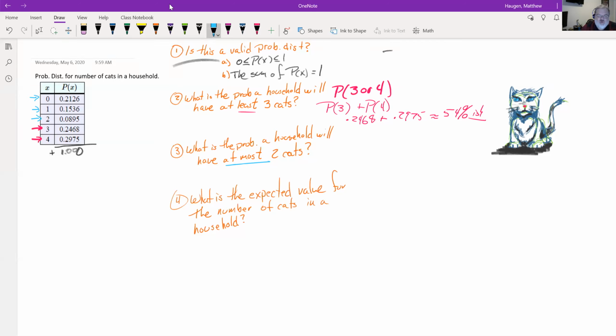But again, since it's an or, 0 or 1 or 2, we're going to add them. So again, the probability of 0 plus the probability of 1 plus the probability of 2. So add those together, and what is that, 20, 36, somewhere around 46-ish percent.